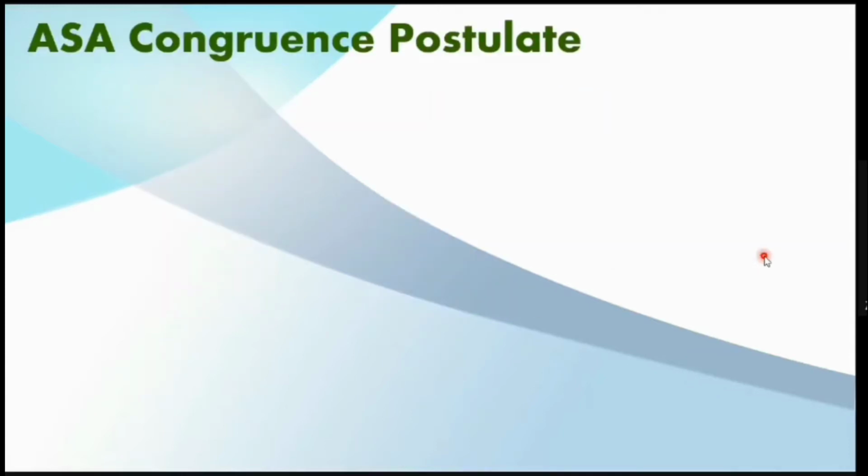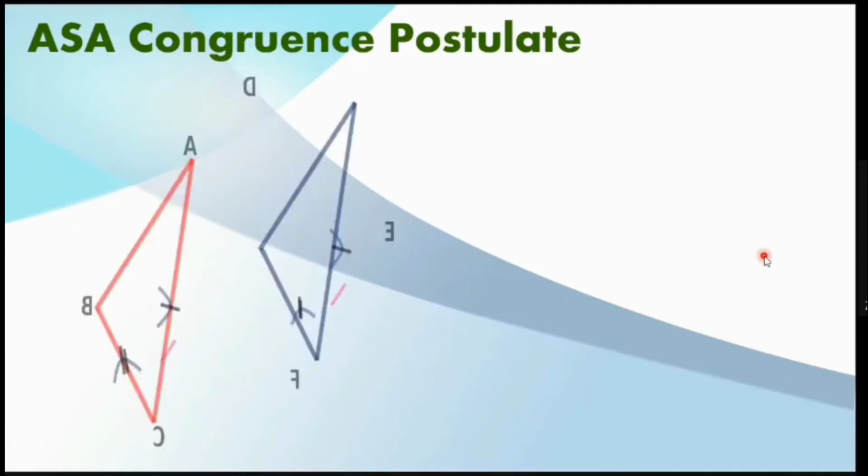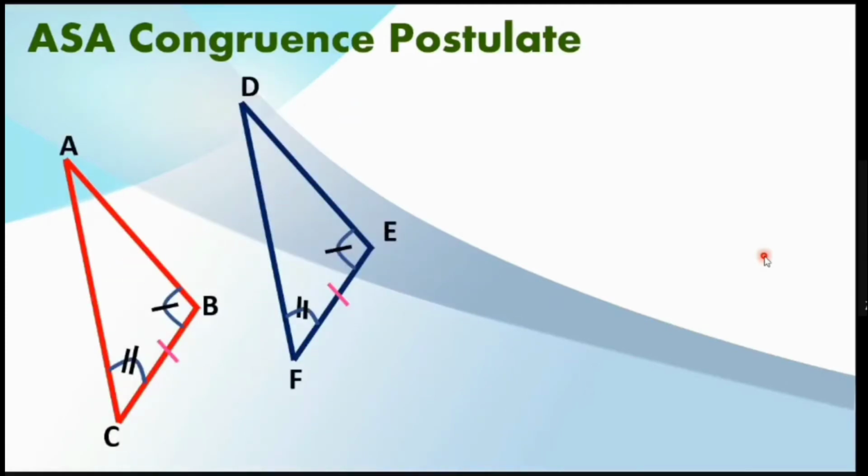On the ASA congruence postulate. Suppose we have the same triangles as we had before, triangle ABC and triangle DEF. As we can see, there are three pairs of corresponding parts that are marked. On the first triangle, ang merong tick marks is angle B, side BC, and angle C. So it is angle, side, angle, or ASA.